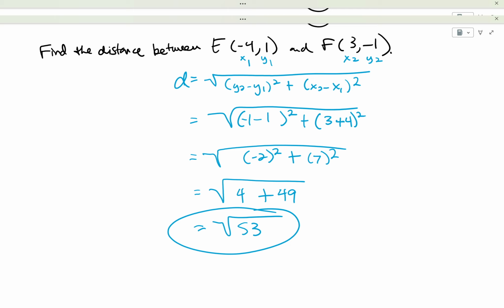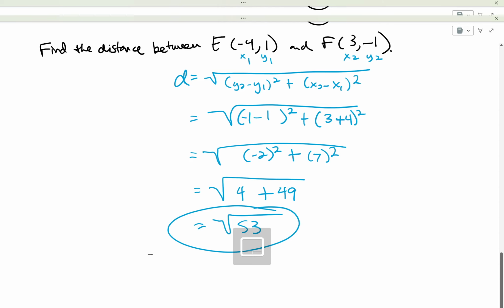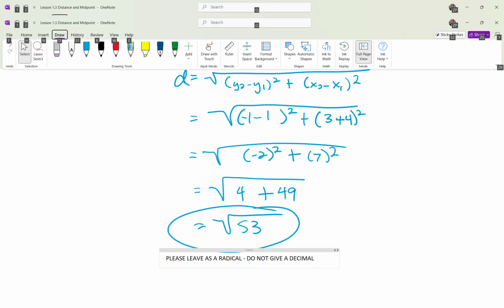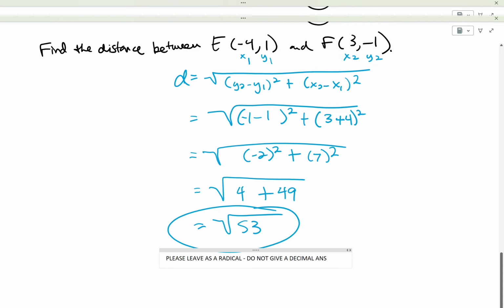We say this as rad 53, okay? Please, gentlemen, I'm going to make us be emphatic about this next point. Please leave it as a radical. Do not give a decimal answer. I don't care.